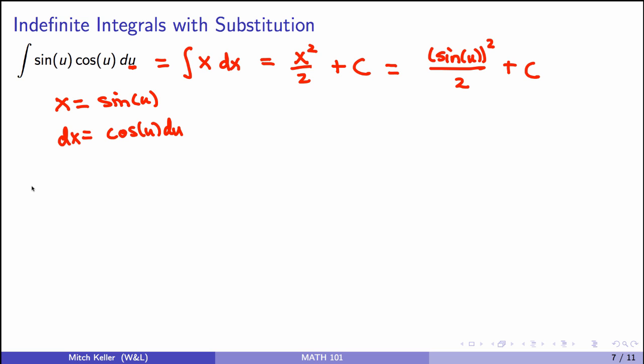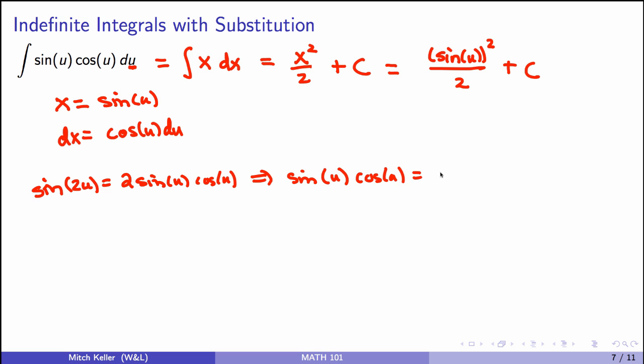Let's look at another approach to this. So we have this trig identity that says sine of 2u equals 2 sine u cosine u, which for our interest right now would say that sine of u cosine of u equals a half of sine of 2u.